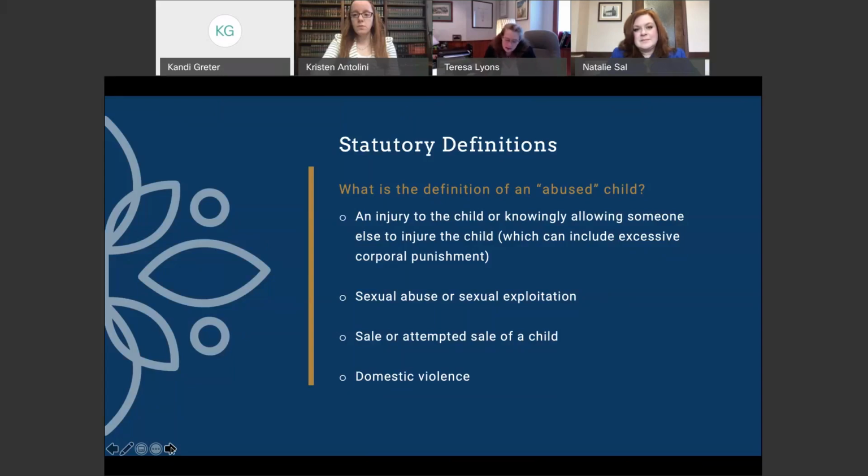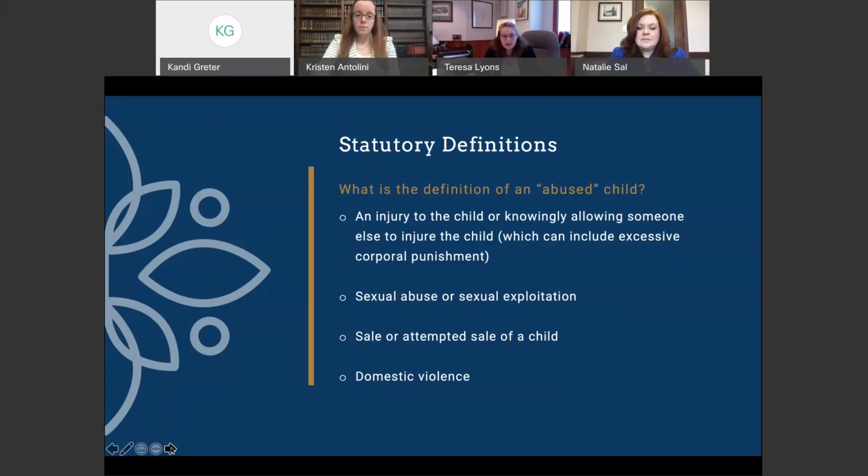That's an injury to a child, or if another parent knowingly allows someone else to injure the child. An abused child can include a child who's subject to excessive corporal punishment. Essentially, it's any non-accidental trauma visited upon the child.